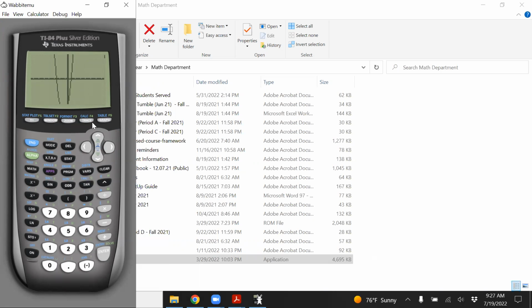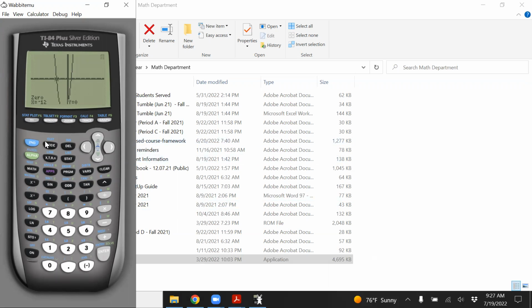And if you hit the trace button, it doesn't go there exactly, but it gets you pretty close. See, it gets close to -12. Or you can actually do this. There's a menu here that enables you to find x-intercepts. I think maybe I'll spend a day with you guys on maybe Thursday to show you how that works.